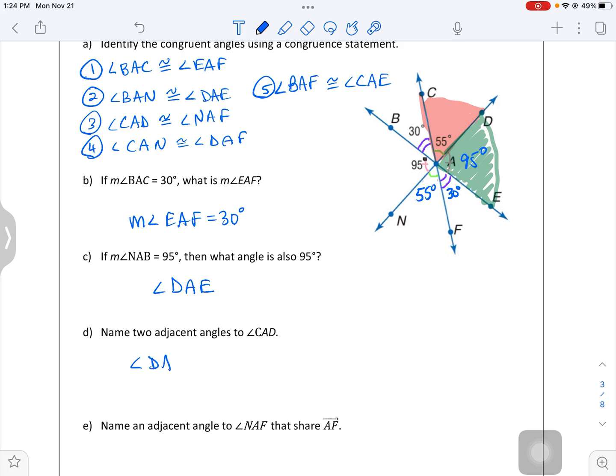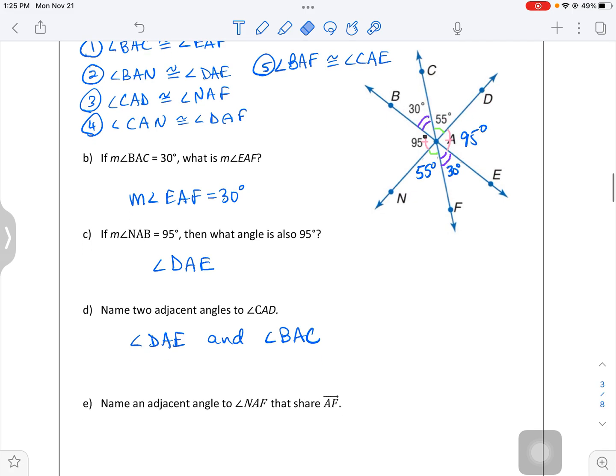So angle DAE and angle, you notice over here, this angle is also next to it on the other side. So BAC.